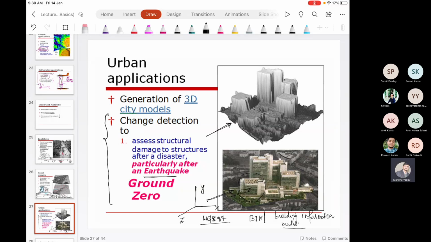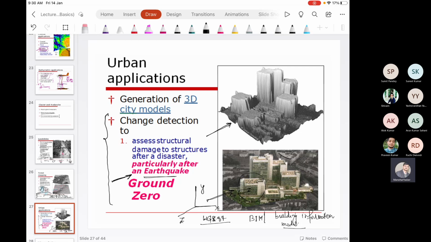If you have a 3D model before that event, and after the event you perform 3D mapping, you generate a 3D model for both cases. Then you can quantify the structural damage that happened there. So the actual volume and complete structural damage in detail can be estimated.